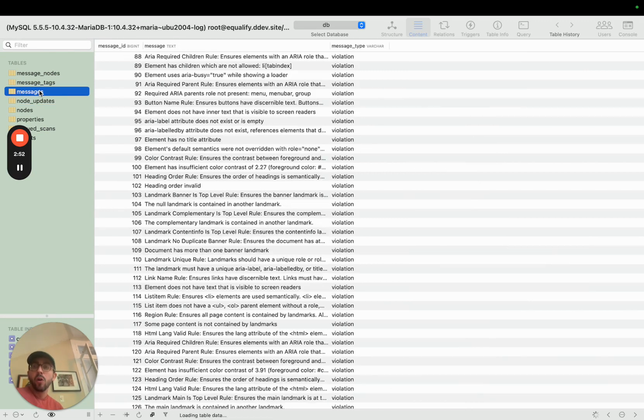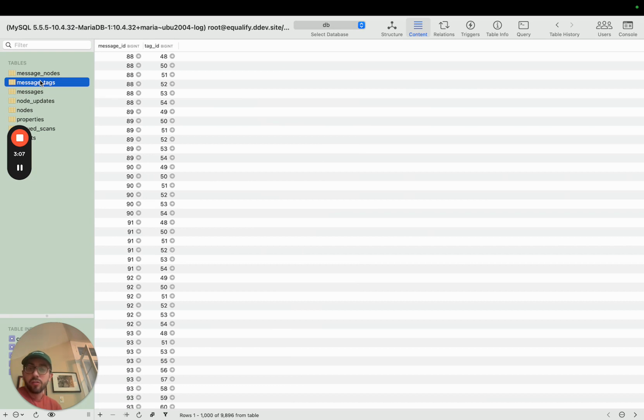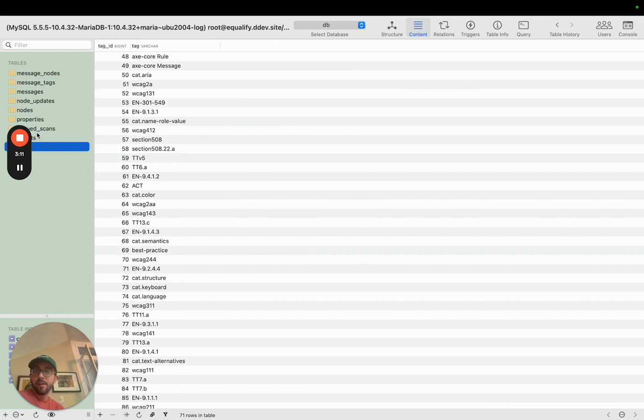There are a total of 1,135 different types of accessibility issues that we came across. These are further segmented into tags, and there are 71 tags for these issues.